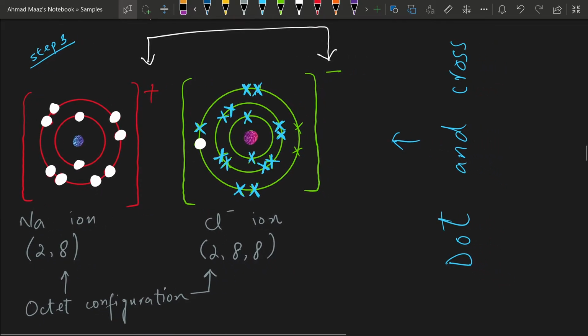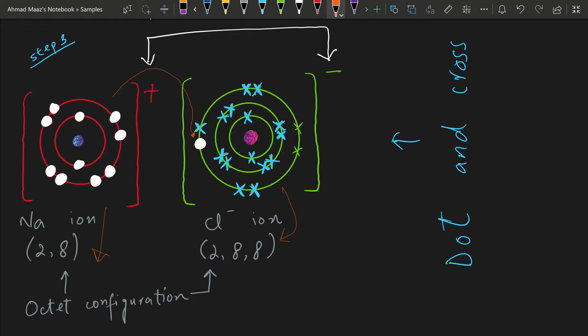The sodium atom has now lost one electron, and this electron is over here with chlorine, with the chloride ion. So the sodium ion now has an electronic configuration of 2,8, and the chloride ion now has an electronic configuration of 2,8,8.